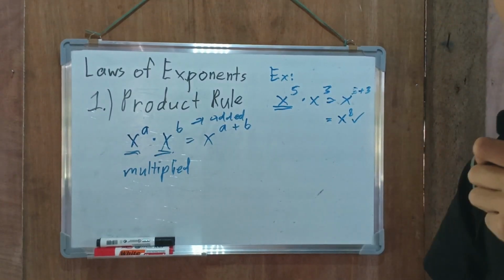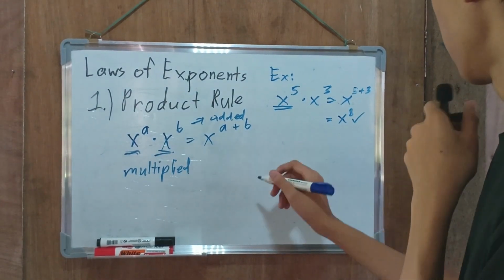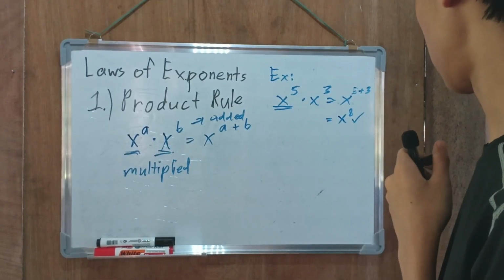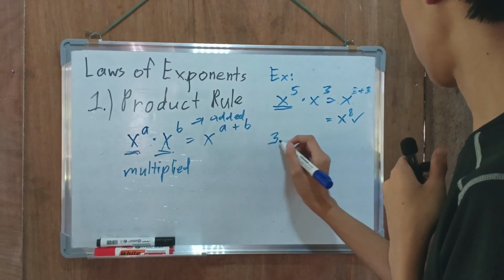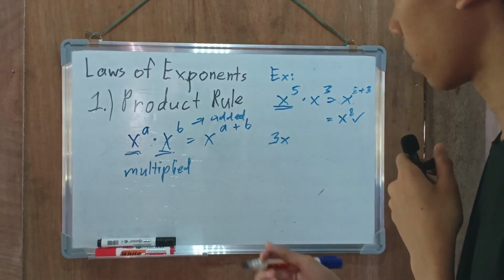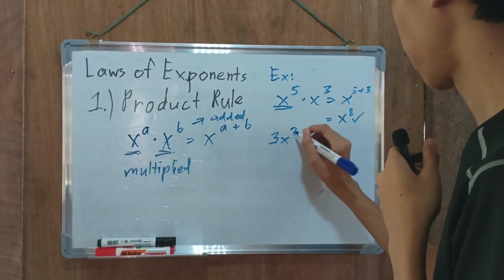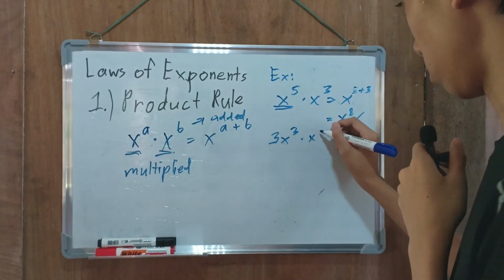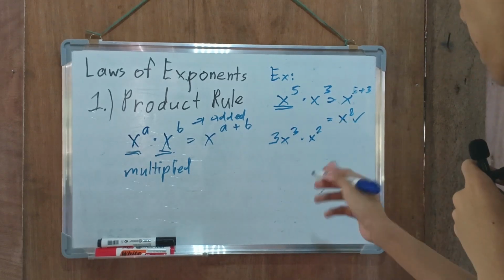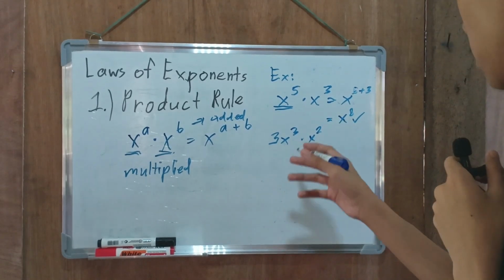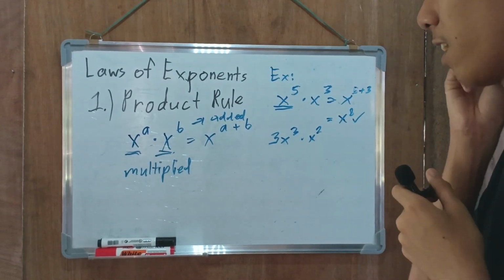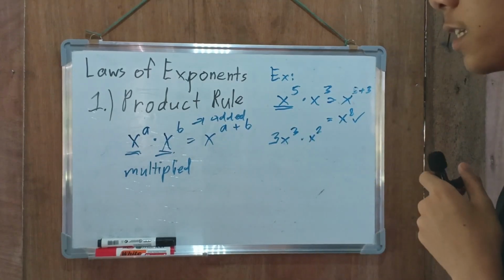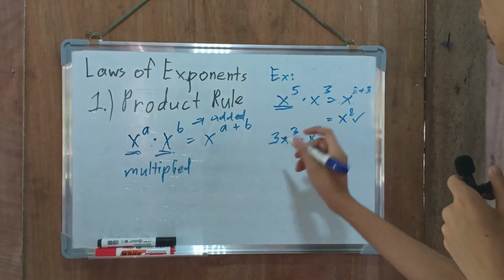Now I'll give you even more examples. Let's assume this is 3x raised to 3 times x raised to 2. When you encounter this, x has a coefficient of 3, which is here.